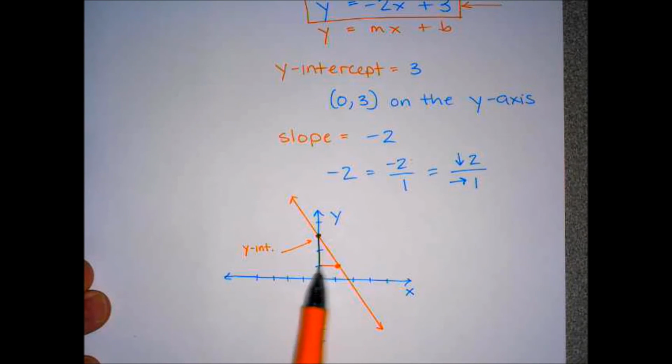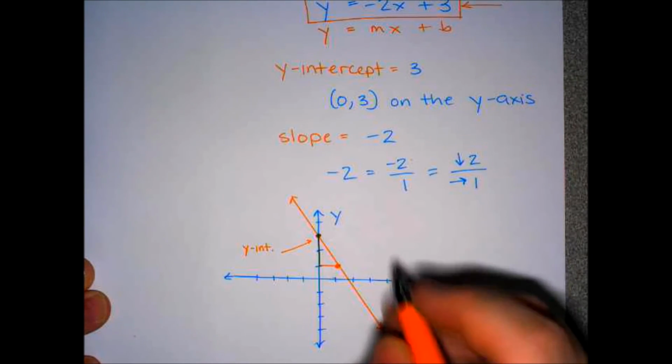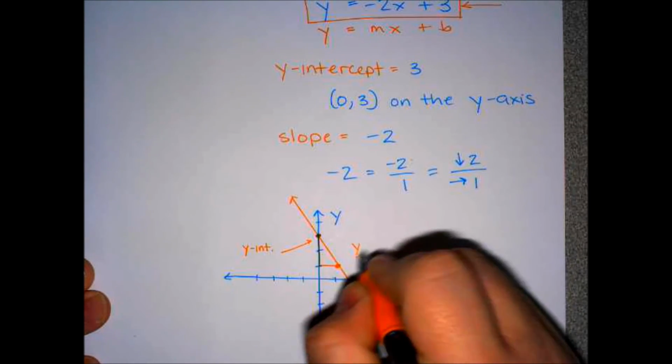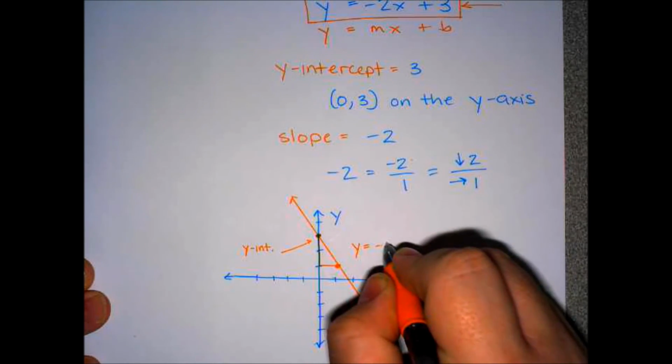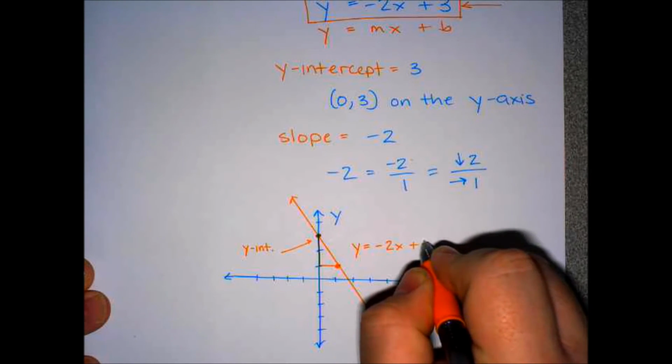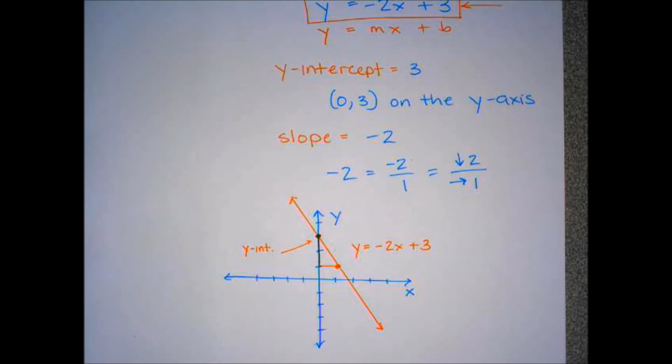We went down 2 and over 1, and we got our second point, which allowed us to draw the line. Now one thing you should always remember is when you draw a line, it's really good practice to label it. So you can say that this is the line for this equation. Boom. We finished.